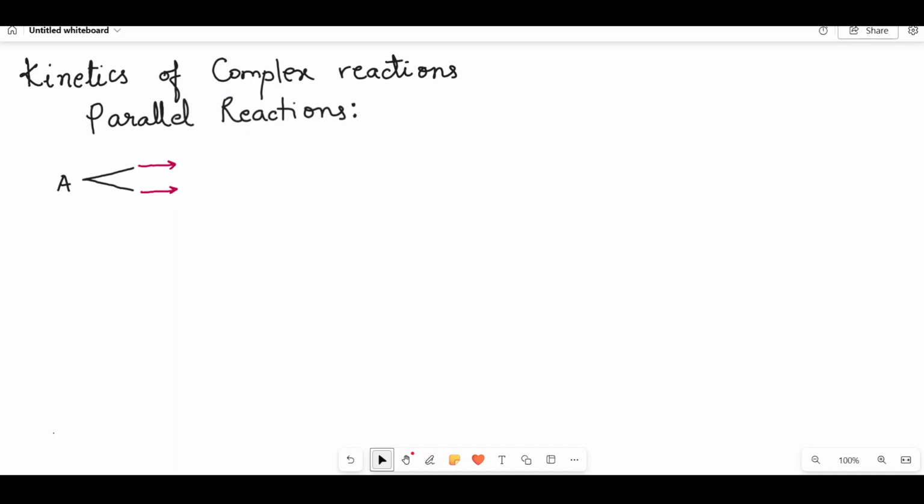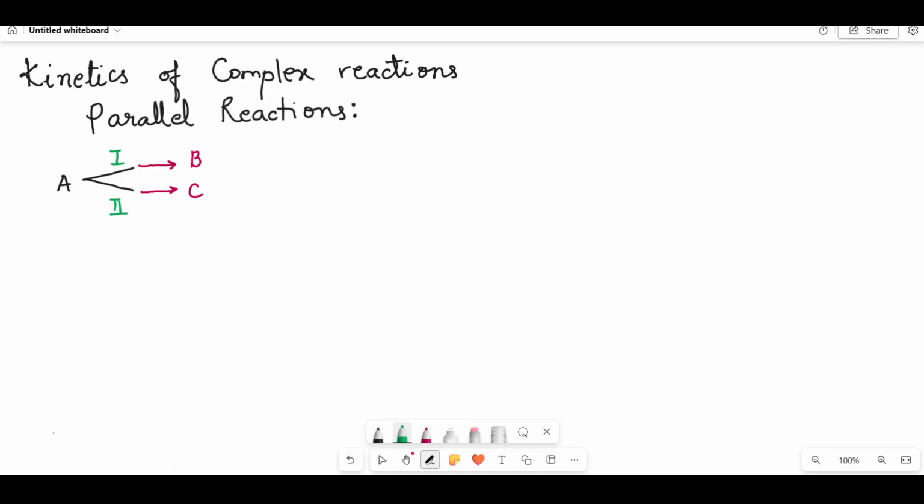Let us consider a reaction A, where A is the reactant which undergoes two reactions, 1 and 2, to form B and C. Let us assume this to be reaction 1 and this to be reaction 2.